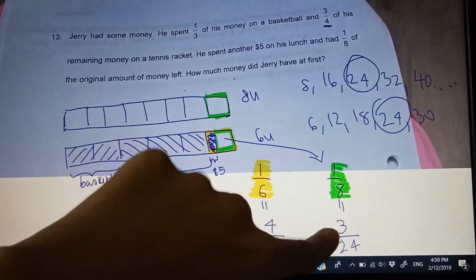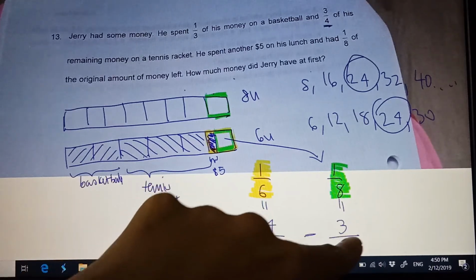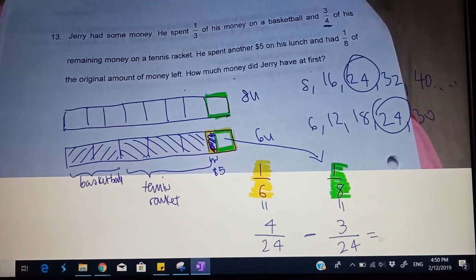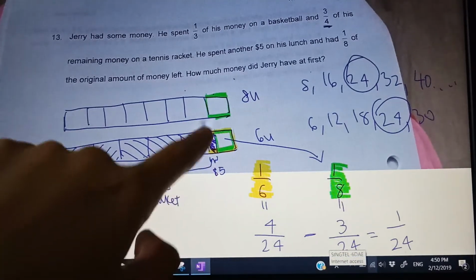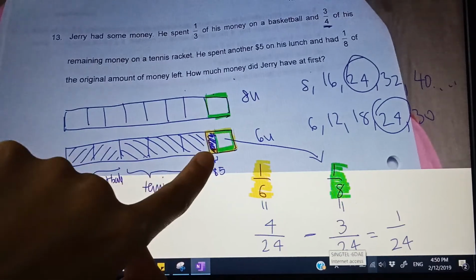So the difference between each other is, what's the difference? What's 4 over 24 minus 3 over 24? It's 1 over 24, right? And what's the difference between the yellow one and the green one? The difference is this $5, right?